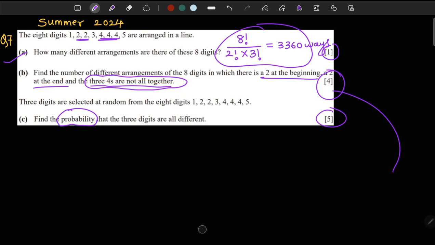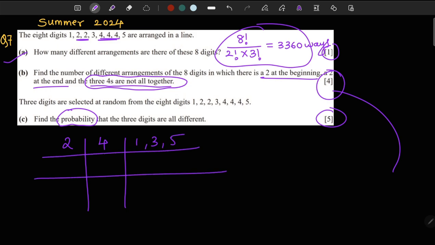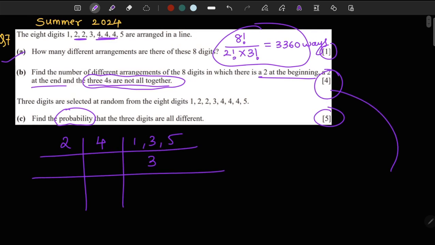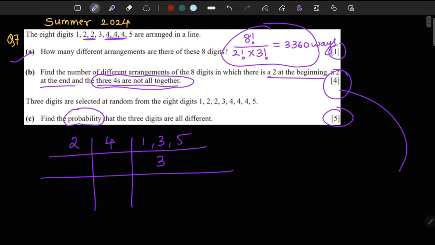Over here we have to take 3 digits out of these and they should be all different. So let's consider 3 groups. One is wherein we can select 2s, then we can select 4s, and the other one is we can select something from 1, 3, 5. Now, if we select all 3 from this one, this can be one possibility.